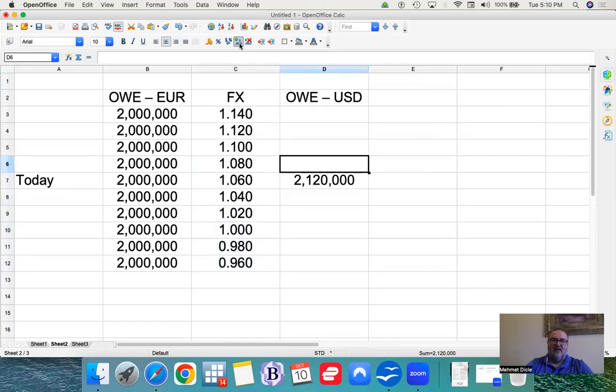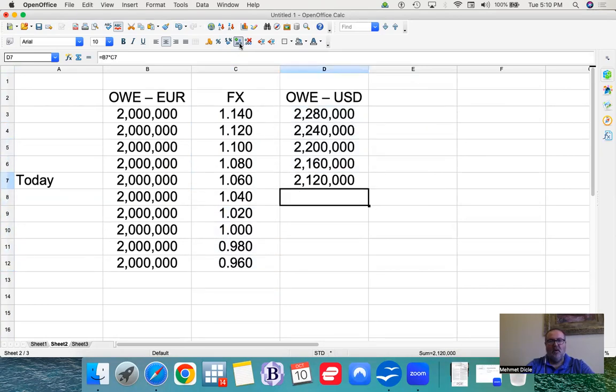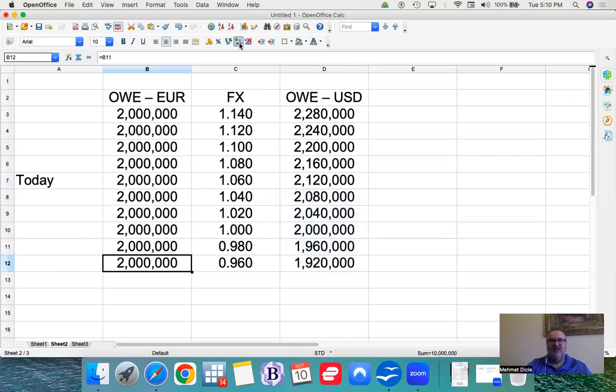And then given that, how much what we owe changes. Notice that as the exchange rate changes, what we owe in euros does not change, but what that euro debt corresponds to in US dollars changes.